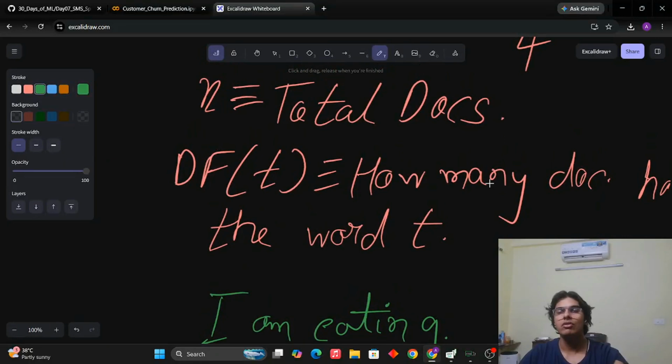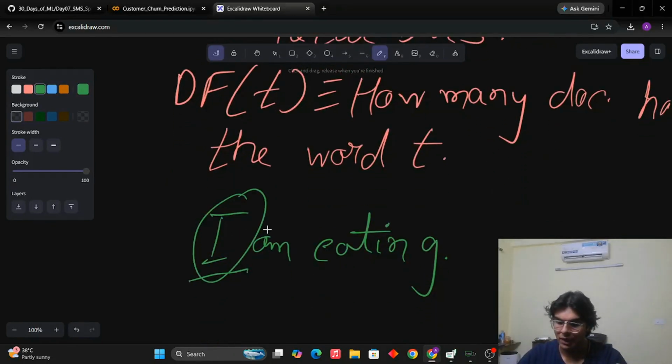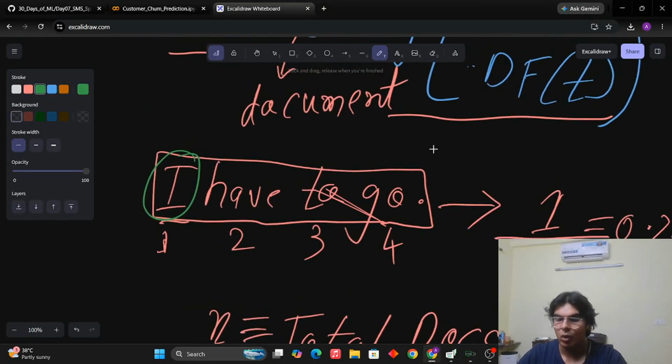The IDF value tries to calculate the rarity of each word. How many times does a single word occur in different documents? So I here is occurring in this document, I am eating, and it is occurring in the other document, I have to go, as well.